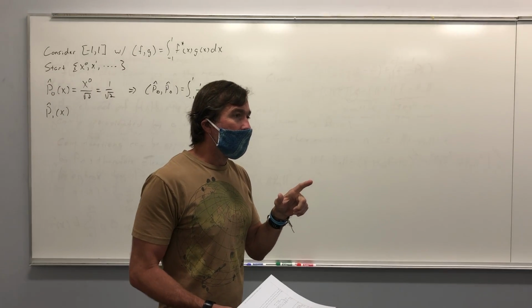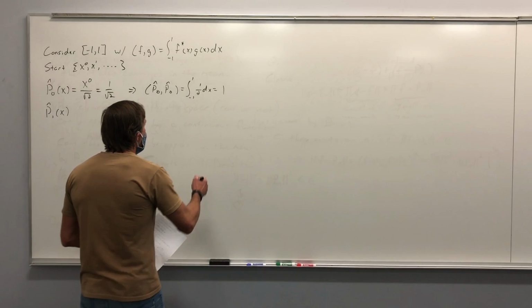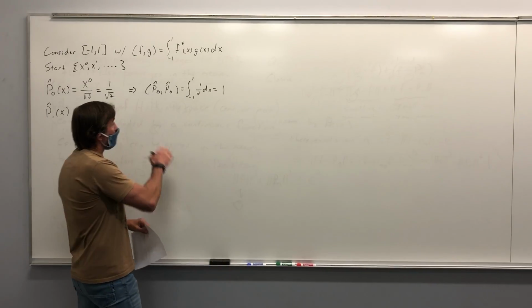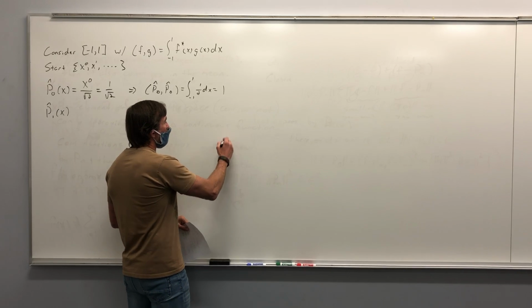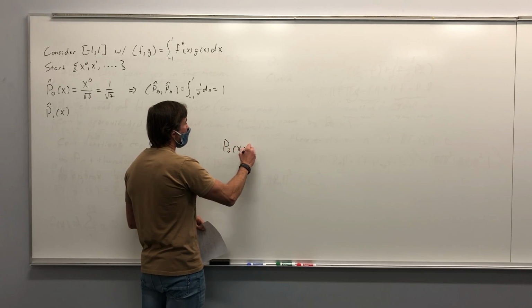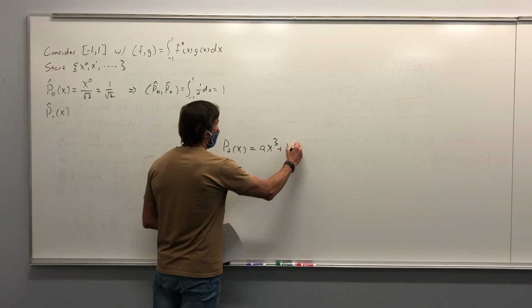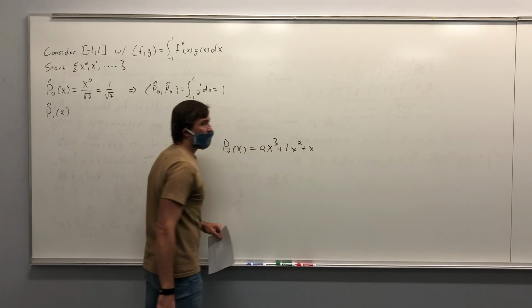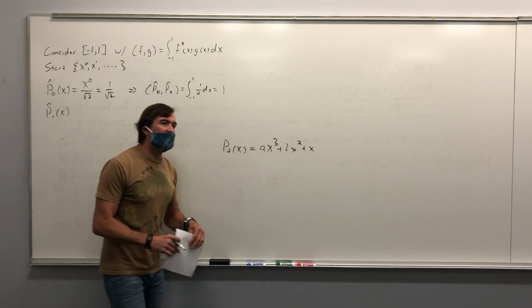Make sense? Could you give an example? Well, no, I mean, when I write up what I'm about to write up, it'll be an example. But you just don't want P2 of x to start with x cubed. This is just a labeling scheme.